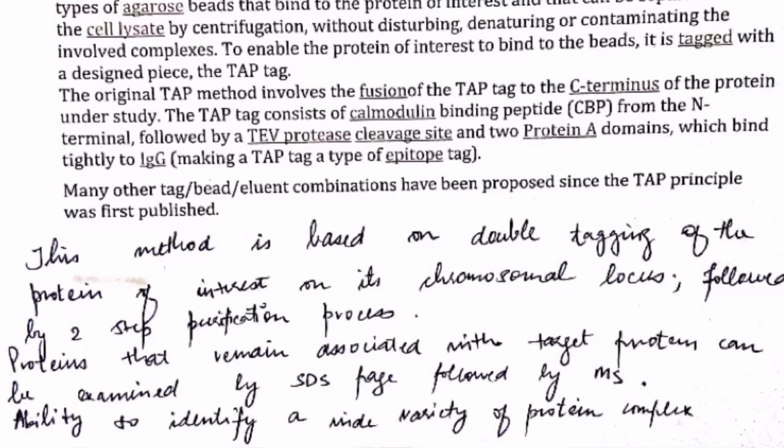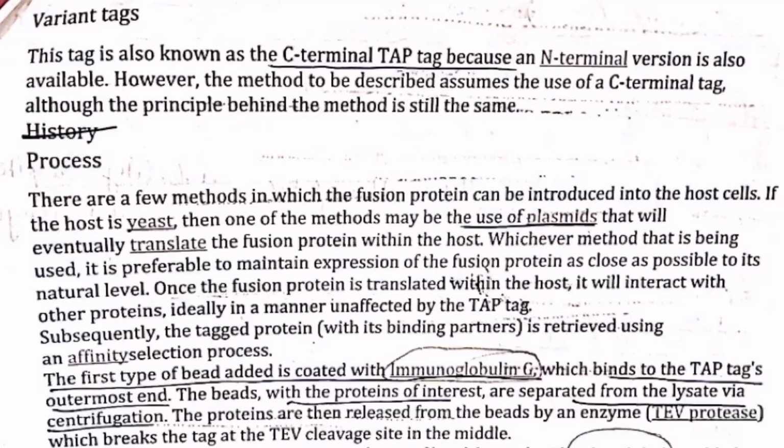Proteins that remain associated with the target protein can be examined and identified through SDS-PAGE, followed by mass spectrometry analysis, thereby identifying the protein-protein interactions of the original protein of interest.